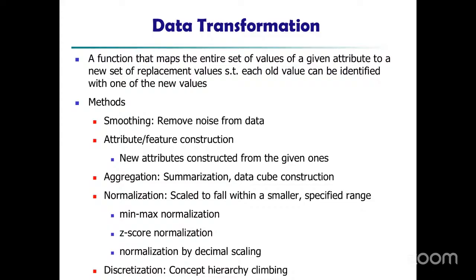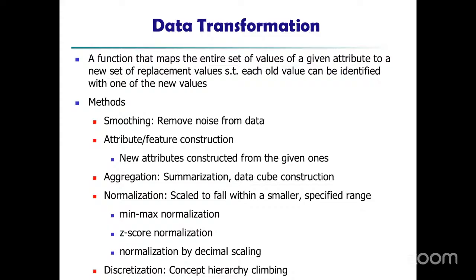What methods do we have under data transformation? Smoothing, which removes noise from data; attribute or feature construction; aggregation, which means summarization, or data cube construction; or normalization, scaling to fall within a smaller range. If the values are very big, we can convert them into smaller values.